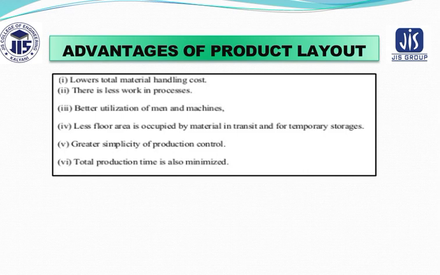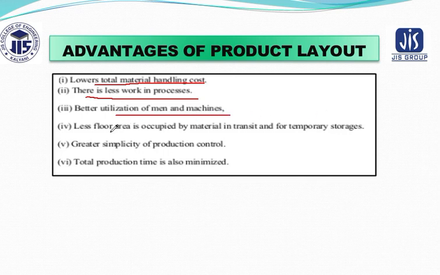Now why are we using the product layout? There are some advantages. First of all, it lowers the total material handling cost. Second, there is less work in progress. Third, it gives better utilization of man and machine.